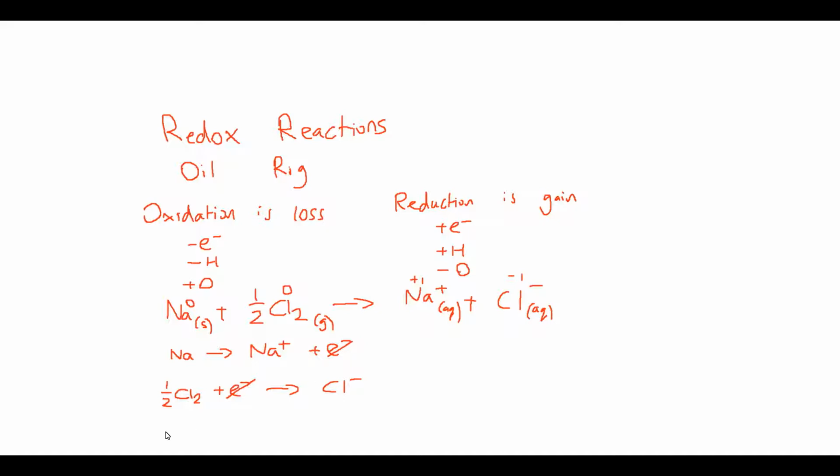We end up with Na plus half Cl2 going to Na+ Cl-, just like our equation above. Now, from this we know that sodium is being oxidized as its oxidation number is increasing from 0 to +1. Chlorine is being reduced as its oxidation number is going from 0 to -1.